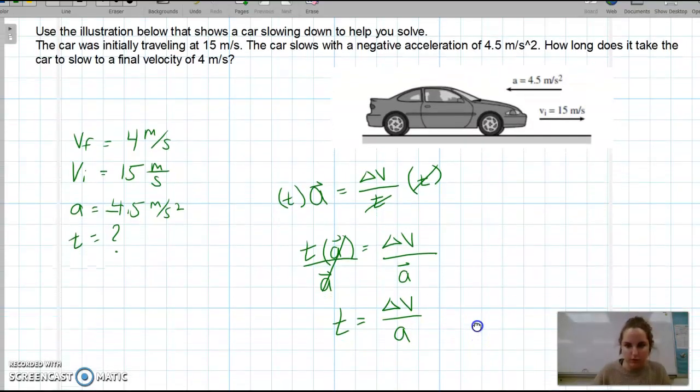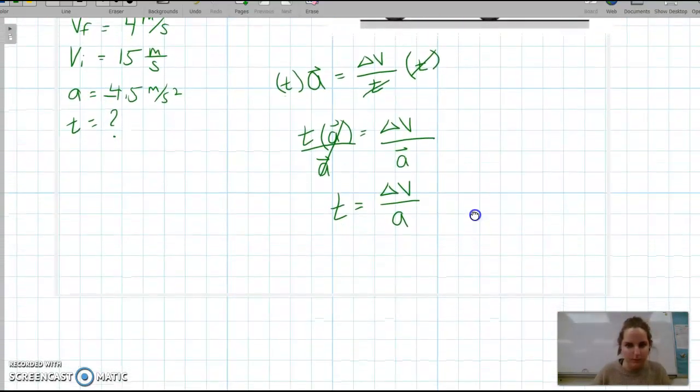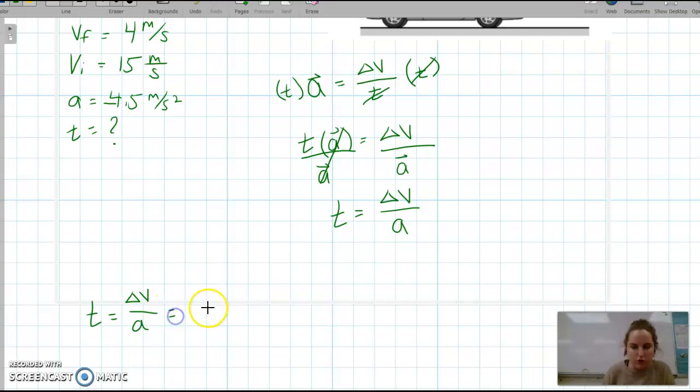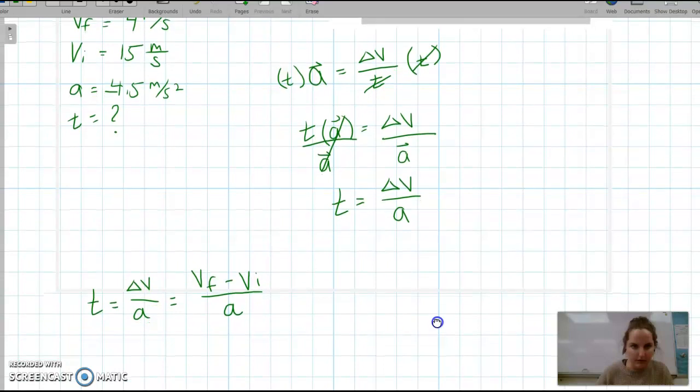Let me scroll down here, and we can start plugging in our information. We have that t is equal to the change in velocity over acceleration. And again, the change in velocity is equal to the final velocity minus the initial velocity, all over acceleration. Let's scroll down again and plug in our information.